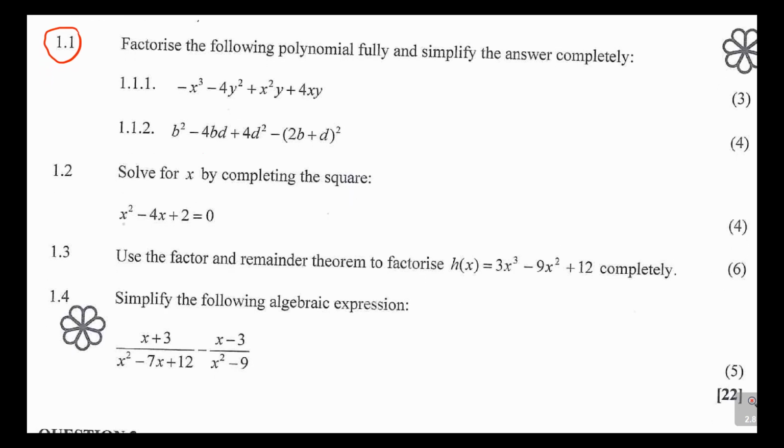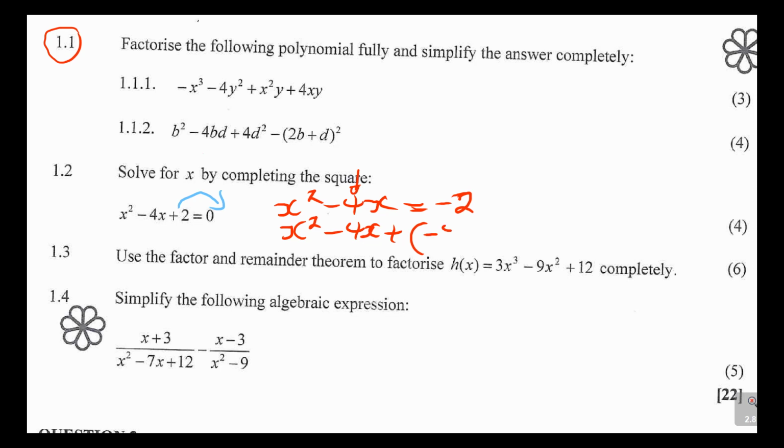And remember, when you're completing a square, you take 2 to the other side, so that it will become x squared minus 4x is equal to negative 2. Then you have x squared minus 4x, and in the process of completing a square, you say plus bracket. You find the coefficient of x is minus 4.